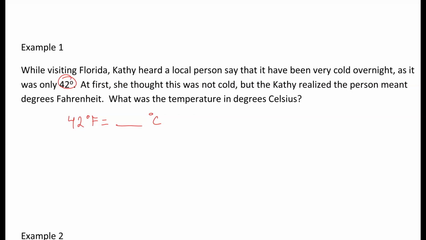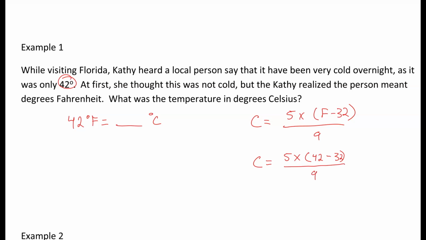So we have Celsius equals 5 times, in brackets, Fahrenheit subtract 32, closing the brackets, divided by 9. We have Celsius equals 5 times, in brackets, our Fahrenheit, which is 42, subtract 32, and then closing the brackets. Then we have this all divided by 9.